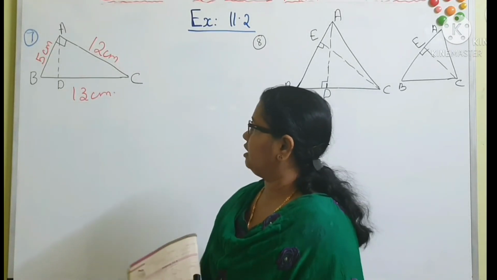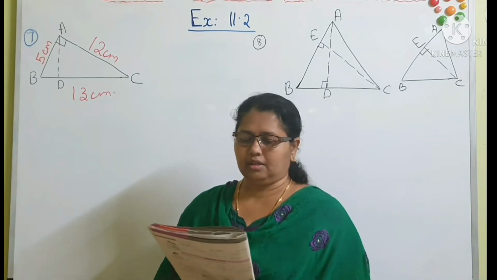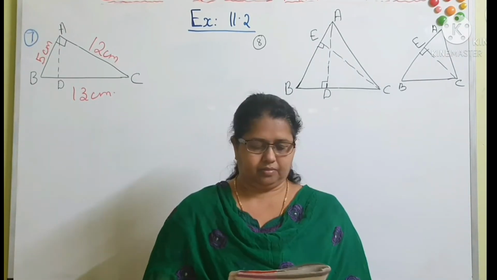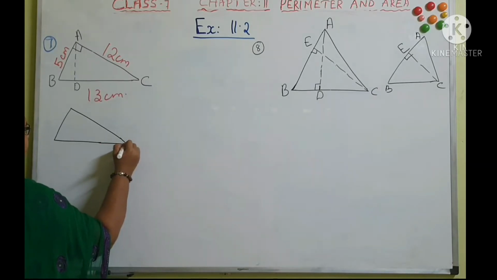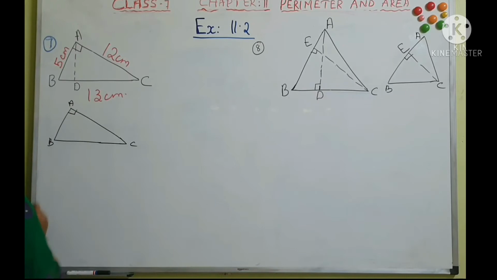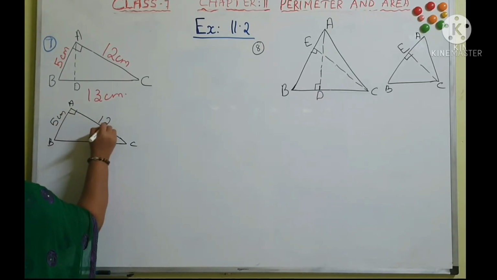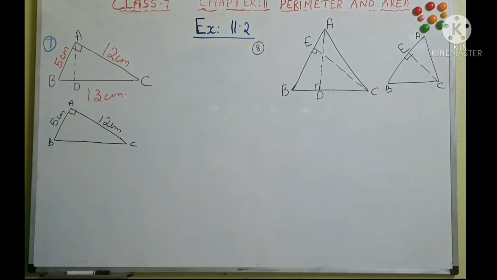We need to find the area of triangle ABC and the length of AD. ABC is a right angled triangle, right angled at A. Then AB is equal to 5 cm and AC is equal to 12 cm.